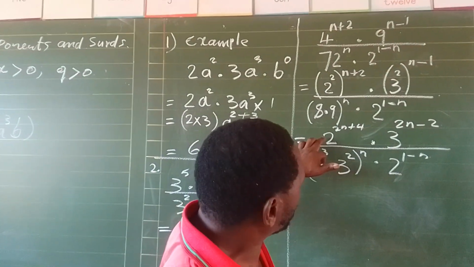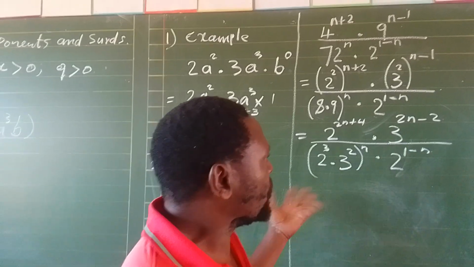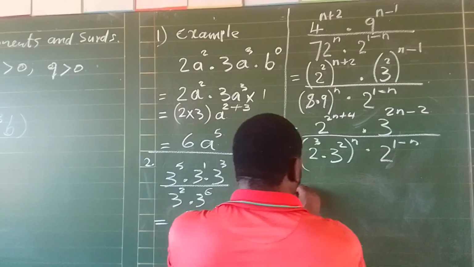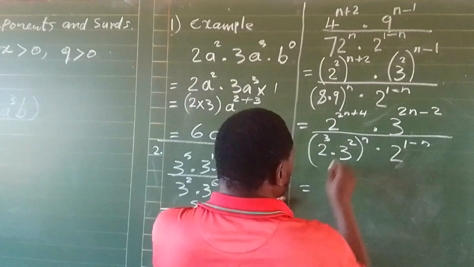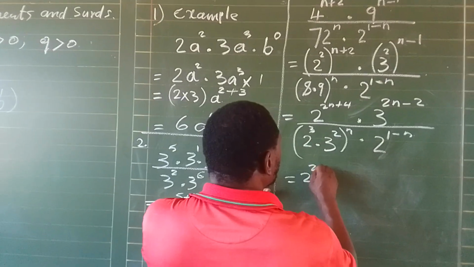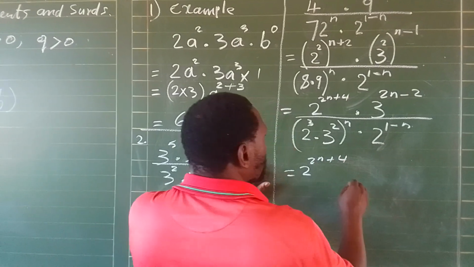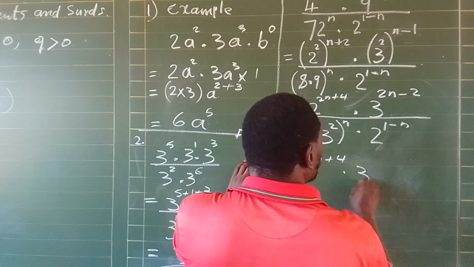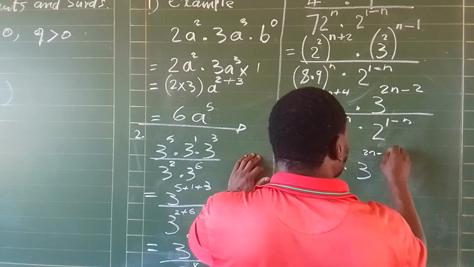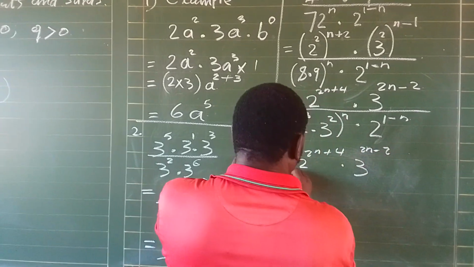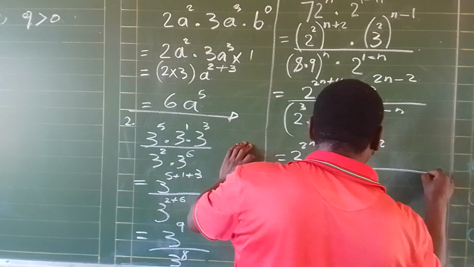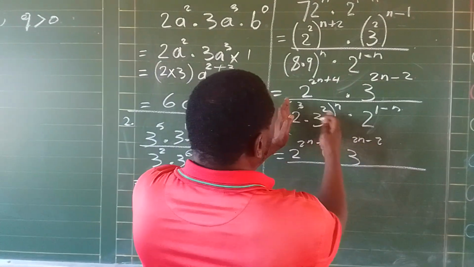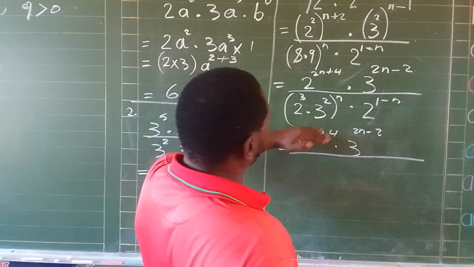Now we have bases of 2 and 3, which is quite simple for us to deal with. Now you're taking this 2 to the power 2n plus 4, you multiply it by 3 to the power 2n minus 2, you divide it by, now we are going to distribute this n into this bracket.